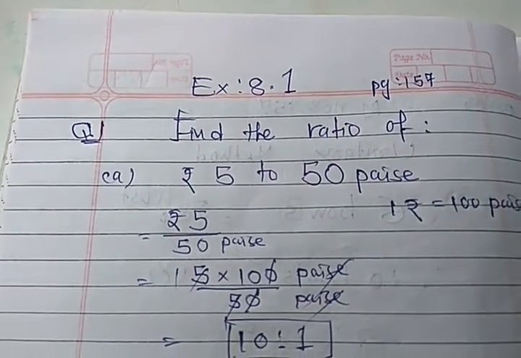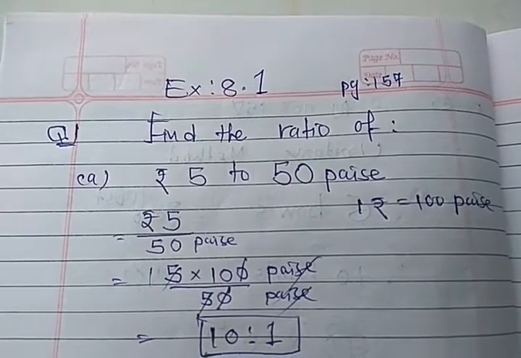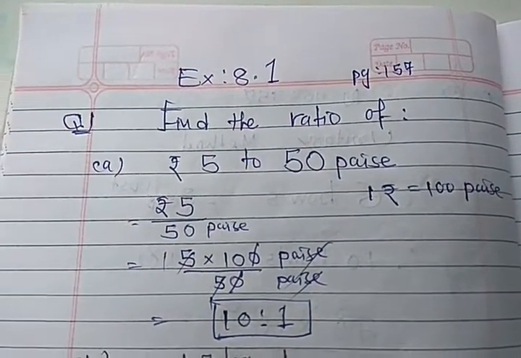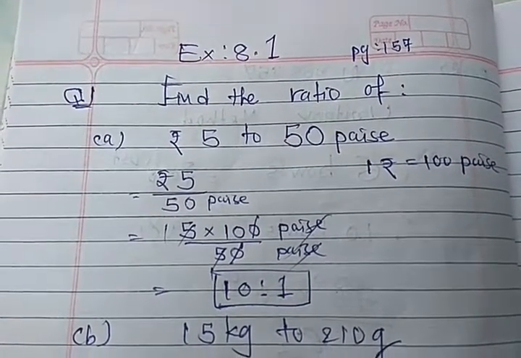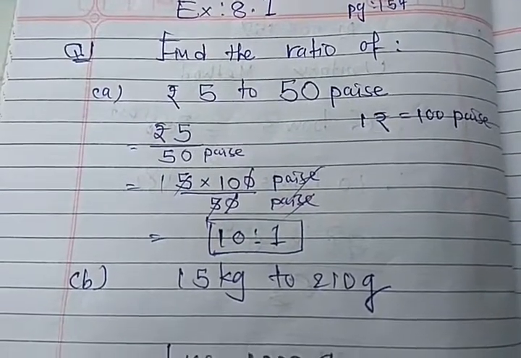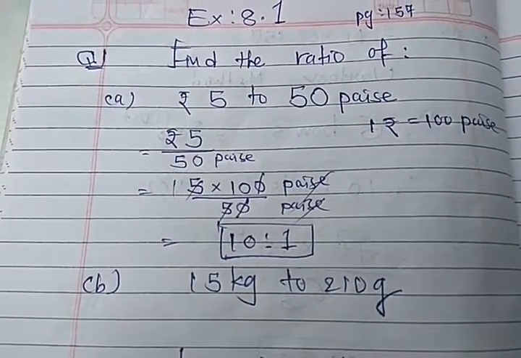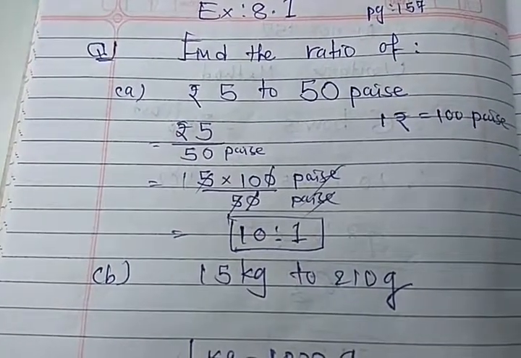Okay dear students, let's restart exercise 8.1. So take out your page number 157 textbook. Now question number 1, find the ratio of 5 rupees to 50 paise. As I have told you, you have to convert bigger to smaller. So rupees is bigger.